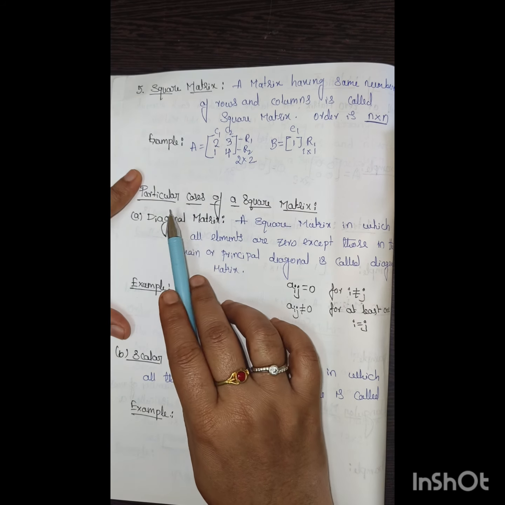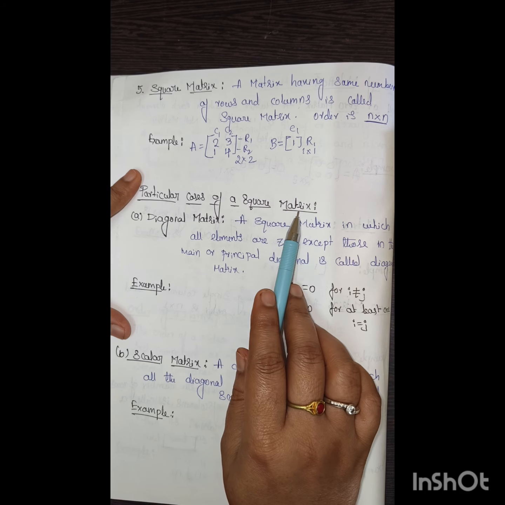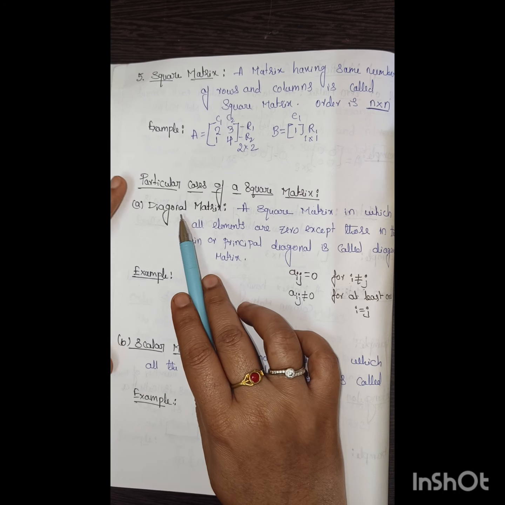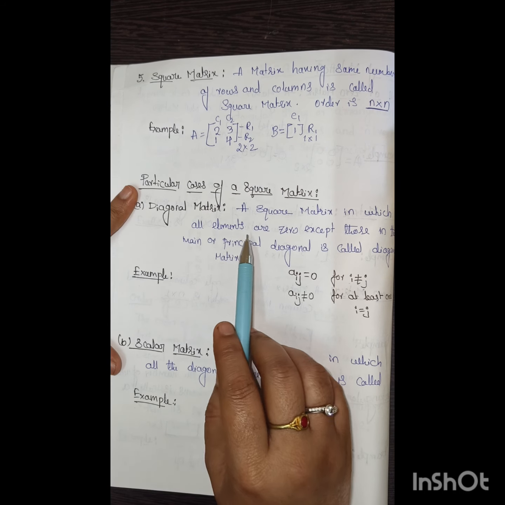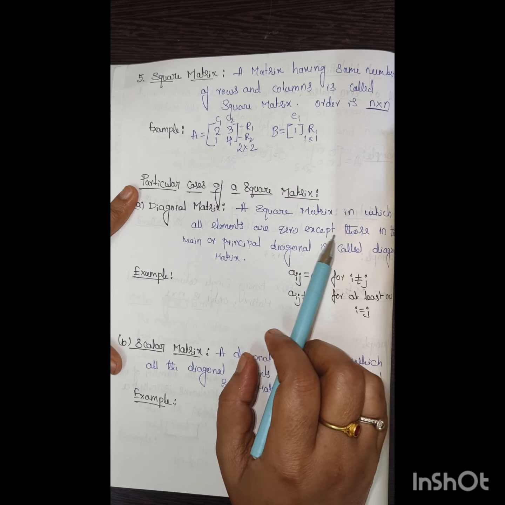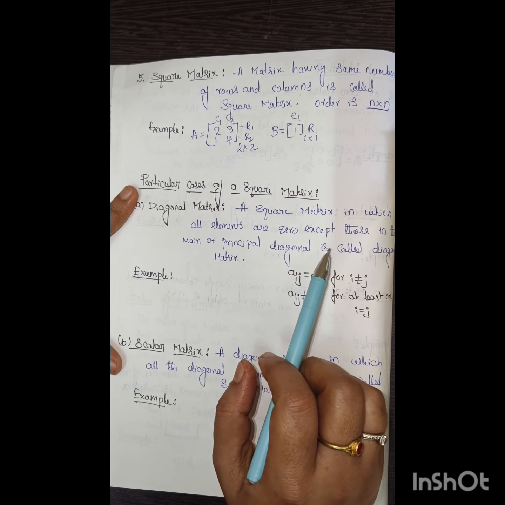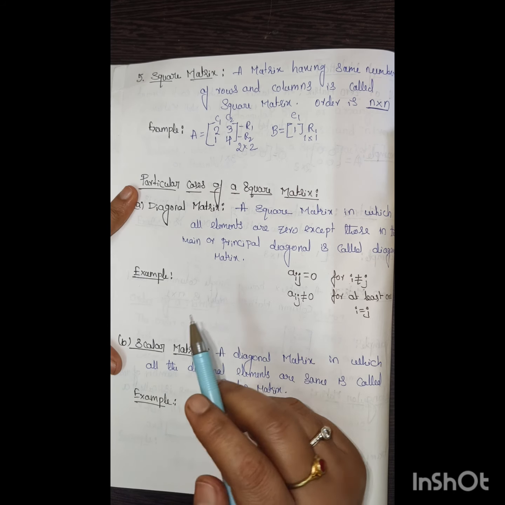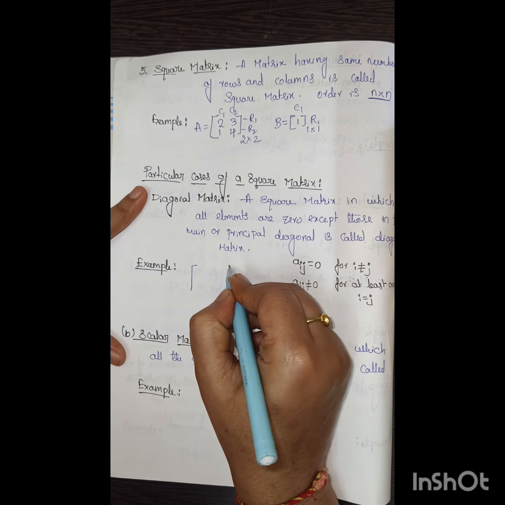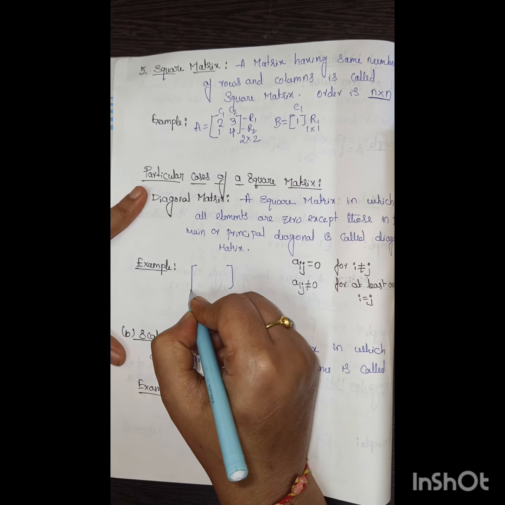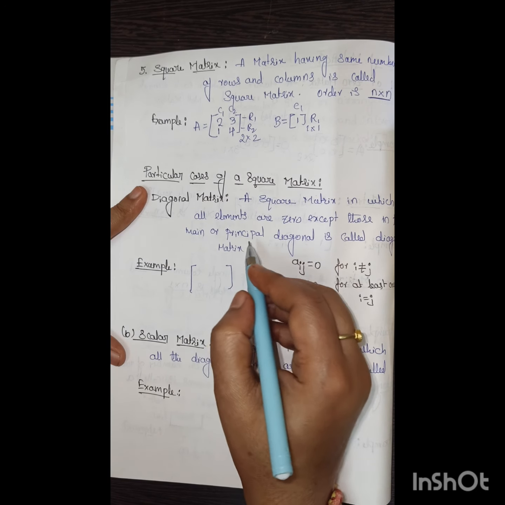Okay. Next, particular cases of square matrix. First comes the diagonal matrix. A diagonal matrix means a square matrix in which all elements are 0 except those in the main principal diagonal. We commonly know about the diagonal. What is the diagonal? The diagonal joins opposite vertices.